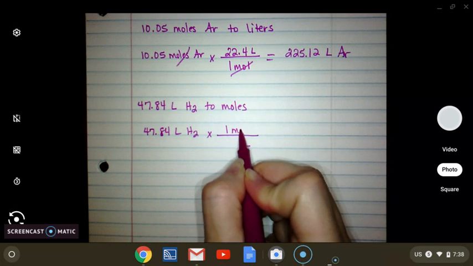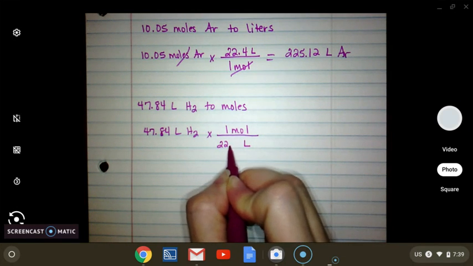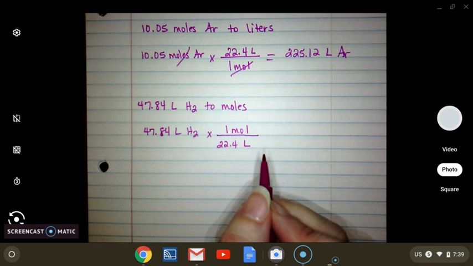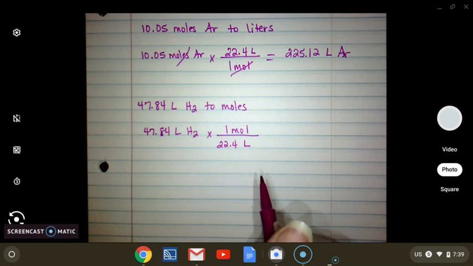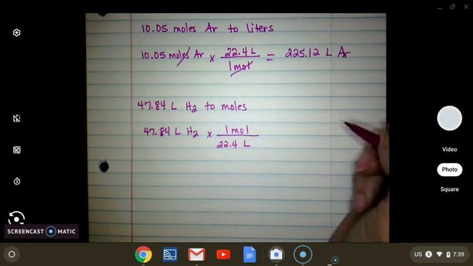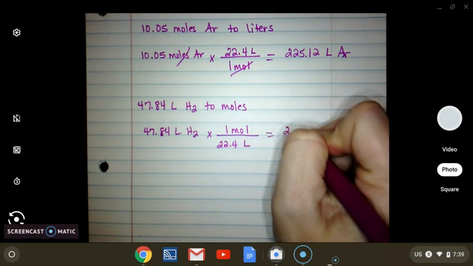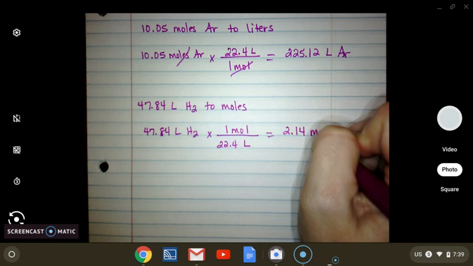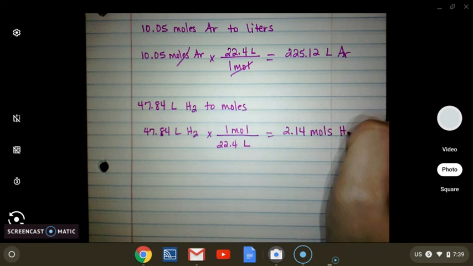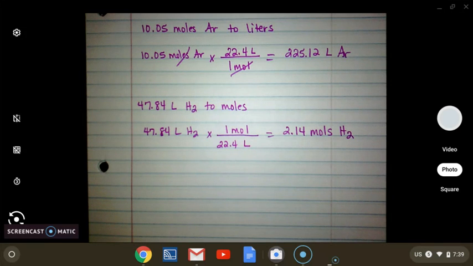Remember, it's always 1 mole, 22.4. So I'm going to take 47.84 divided by 22.4, and it gives me 2.14 moles H2. Okay, so either multiply or divide by 22.4.